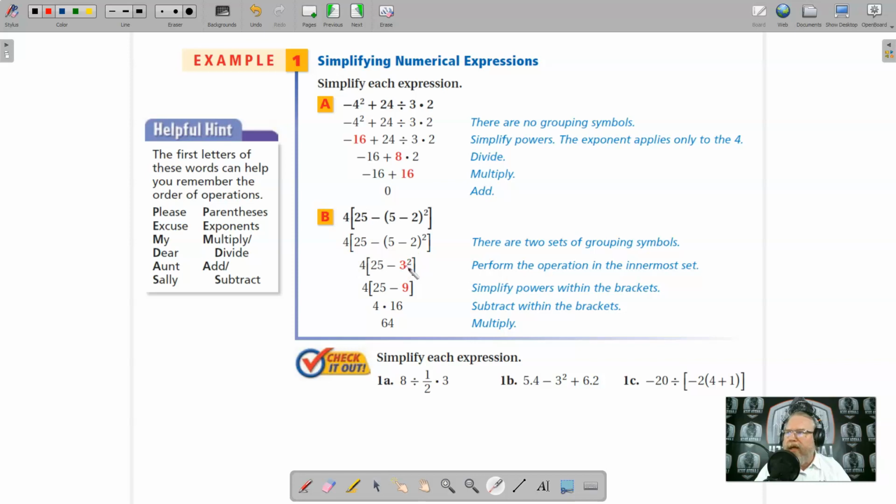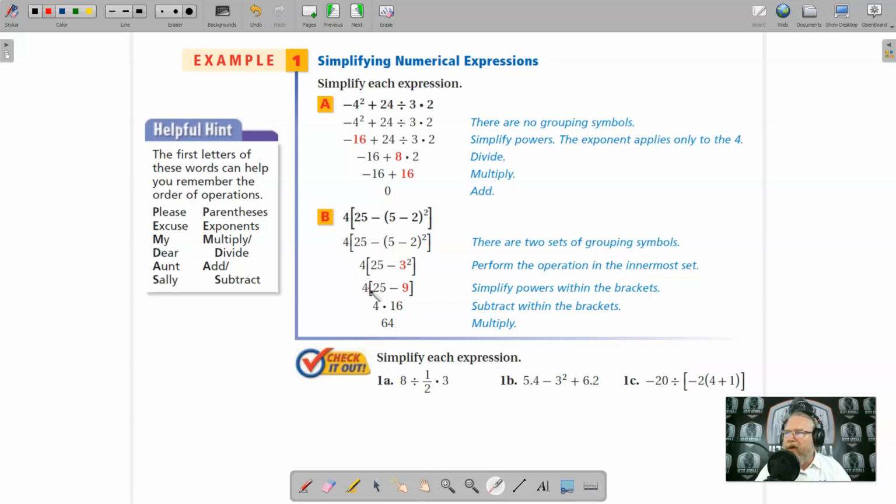Next, we need to deal with what's inside of the brackets here. Treat them as their own special little problem, continuing to work from the inside out. So let's take 3 and square it. That's 9. Bring down everything else. Now we can do what's inside the bracket: 25 minus 9 is 16. We bring down this 4.